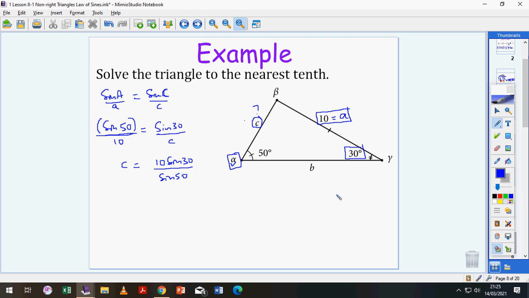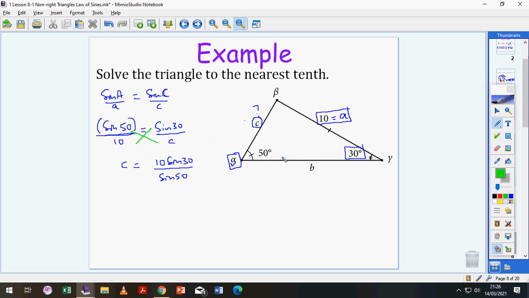And I'm doing that because, like I said, I want you to be able to do this as quickly as possible so you don't waste time cross multiplying and dividing both sides. I know that's comfortable, but you need to learn to work faster. So mentally what's happening is, first of all, you cross multiplied, and just follow along with me. When you cross multiplied, C multiplied sine 50 and 10 multiplied sine 30, so you had C sine 50 and 10 sine 30.